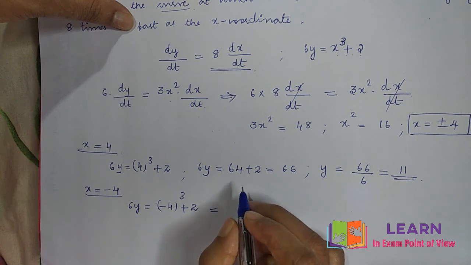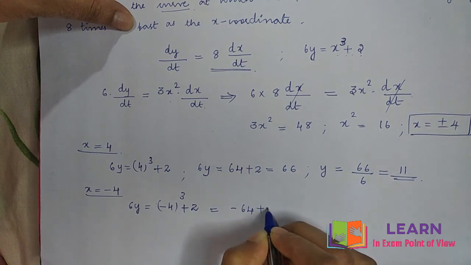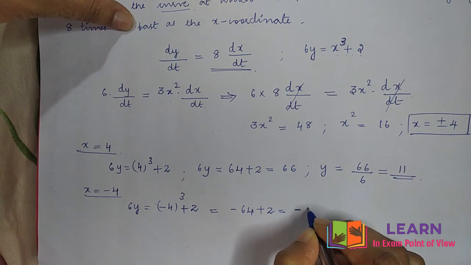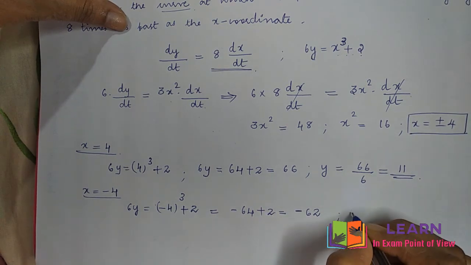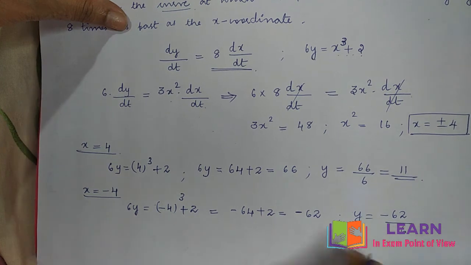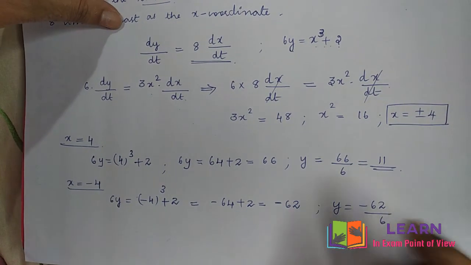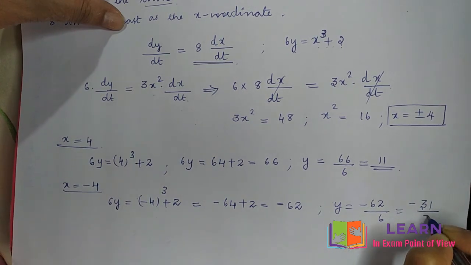So we have minus 64 plus 2, that is minus 62. So y is minus 62 by 6.